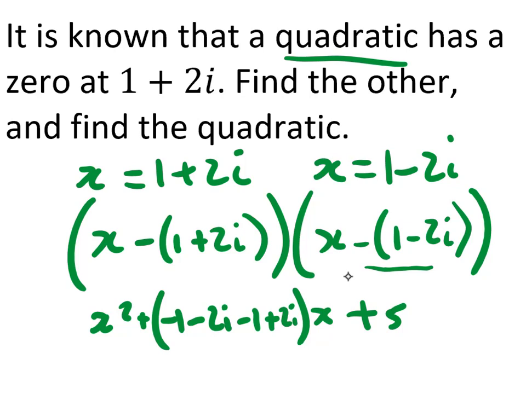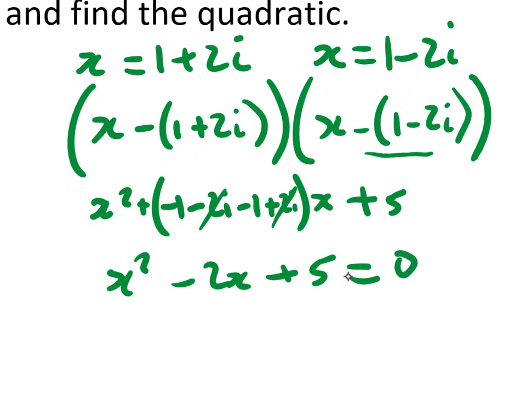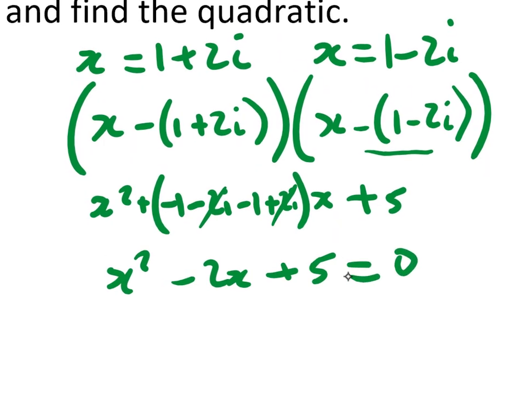And then either type that into the calculator or realize it's in fact quite easy. They cancel. That's a minus 2. And so I've got an answer of x squared minus 2x plus 5, and that's equal to 0. That's where these roots must have come from. So roots go to factors, which go to equation. We're so used to going the other direction.